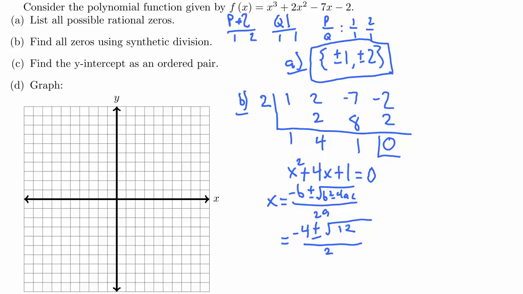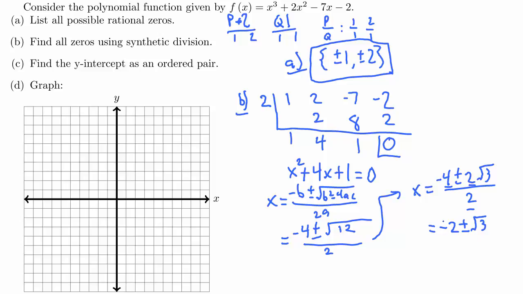And 12 is the same thing as 4 times 3, so that means that x is equal to negative 4 plus or minus 2 root 3 all over 2. Now notice that 4, 2, and 2 all share a common factor of 2. So dividing each of those by 2 gives me negative 2 plus or minus the square root of 3.